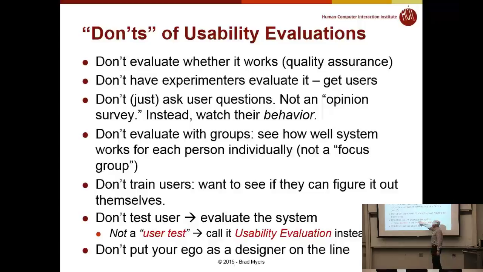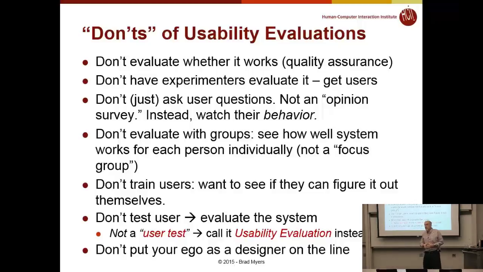And we've said this a bunch of times, that it's important to tell the participants that we're not testing them, that we're testing the system. That's another reason not to call it a user test, because you're not testing the user. And another problem is that if you are the designer as well as the experimenter, then you've just designed this thing, you think it's really good, and this user is going to fail to do stuff.